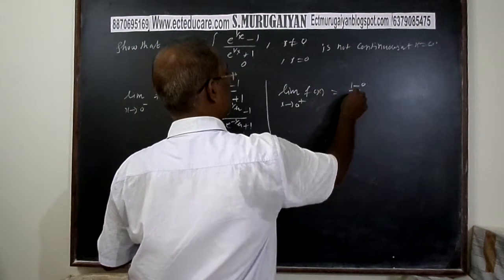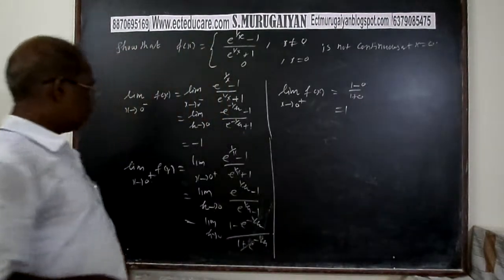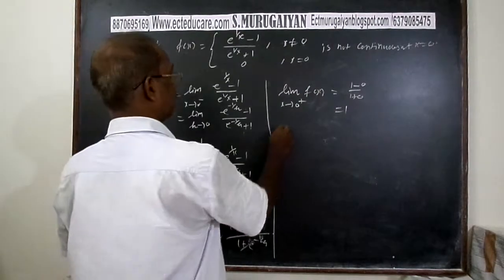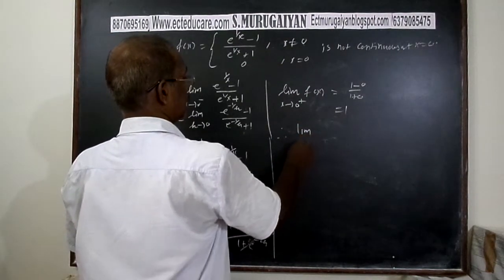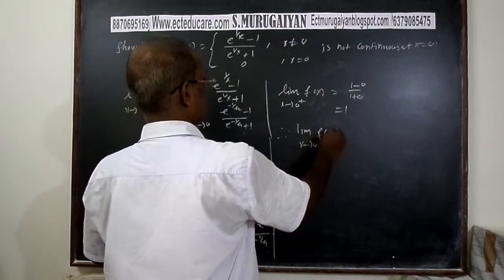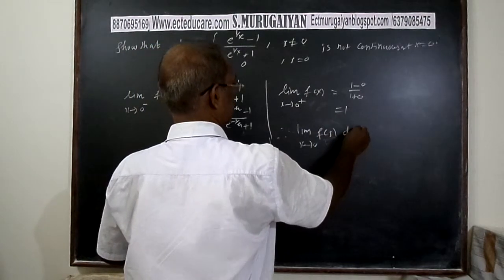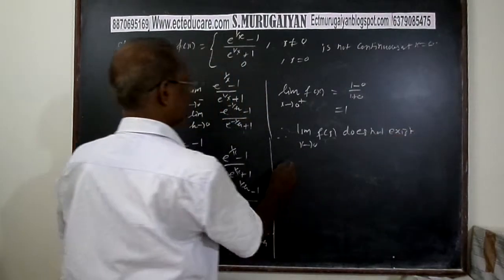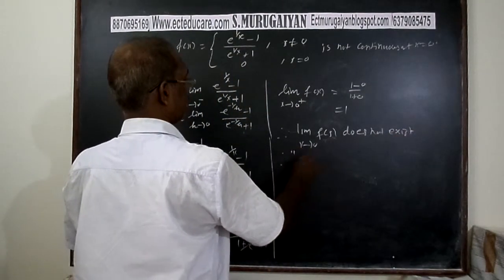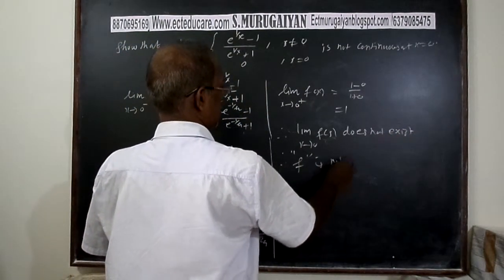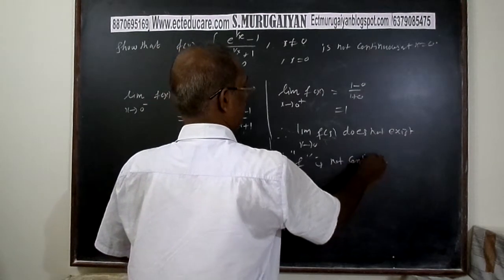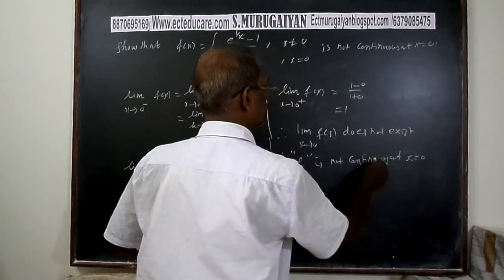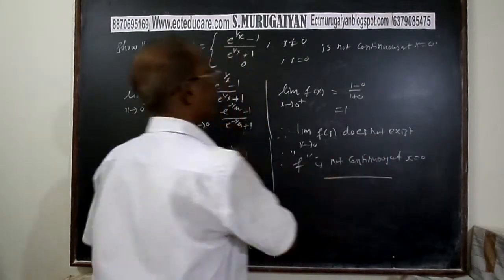So the left limit is minus 1, the right limit is plus 1, and therefore limit x approaches 0 f of x does not exist. And therefore the function f is not continuous at x equal to 0.